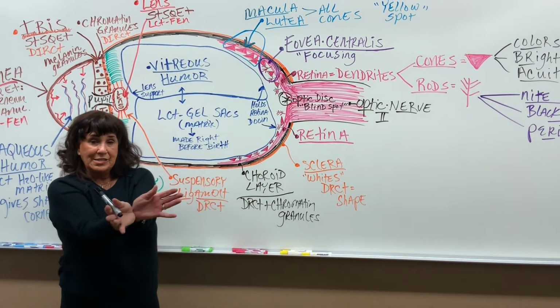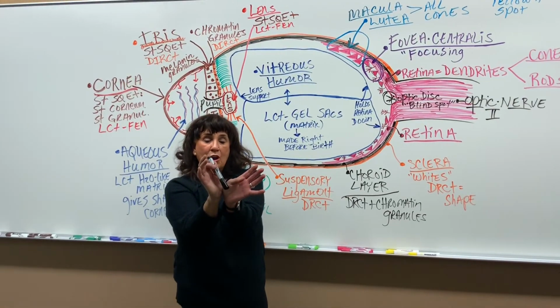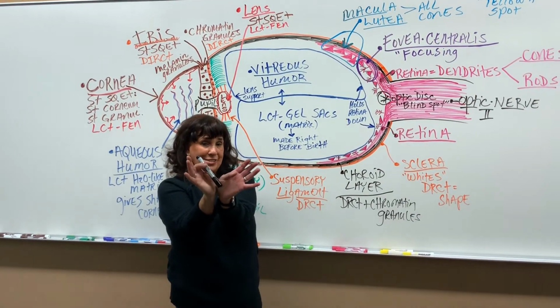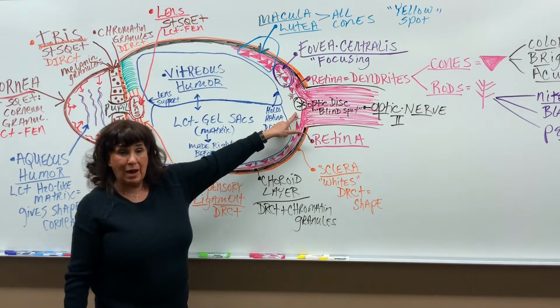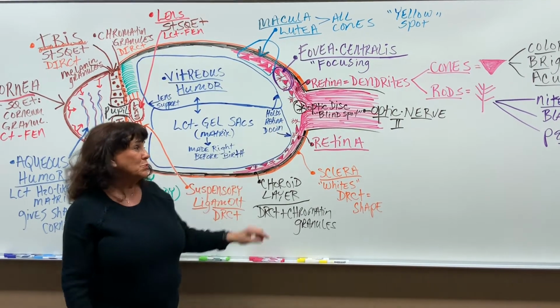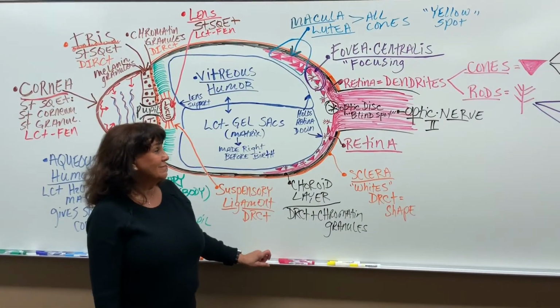So right here in the middle, there are no dendrites. And so where it splits right here, that's called your blind spot. The blind spot is really called the optic disc right there, the optic disc, okay?